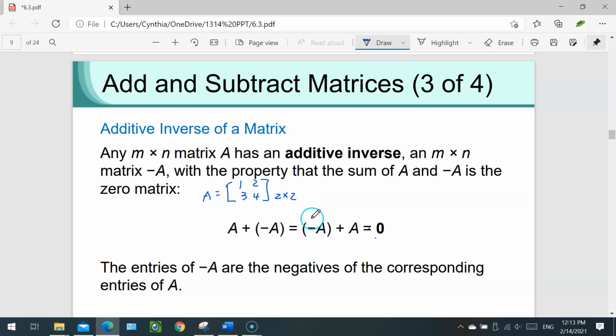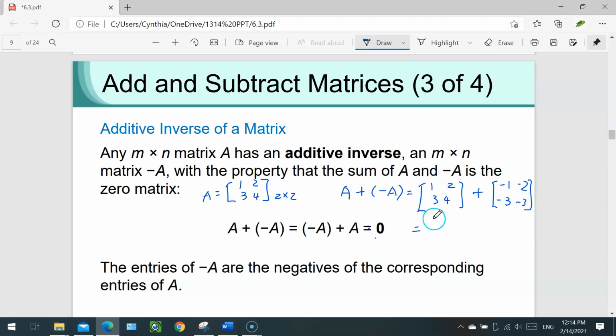Now when I combine with the negative matrix A, that means matrix A plus negative matrix A. So the matrix A was 1, 2, 3, 4 plus the negative matrix A. I just multiply negative 1 into each element of the matrix A, so I will get negative 1, negative 2, negative 3, negative 4. Now we add these two matrices together.